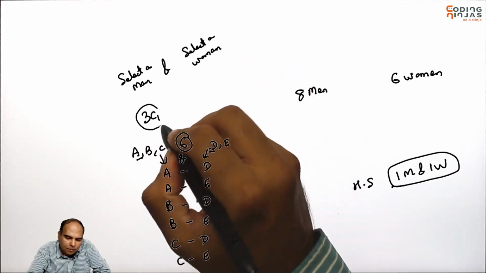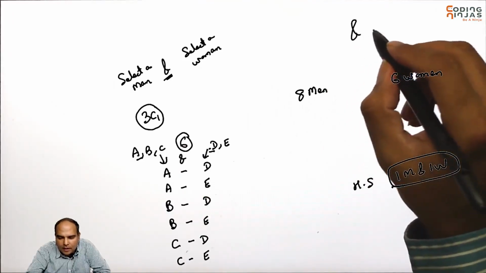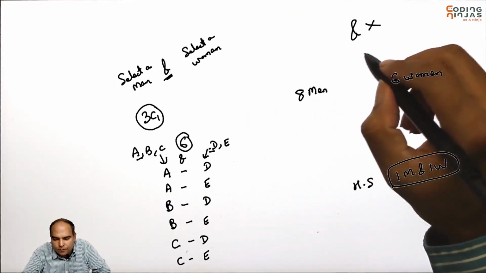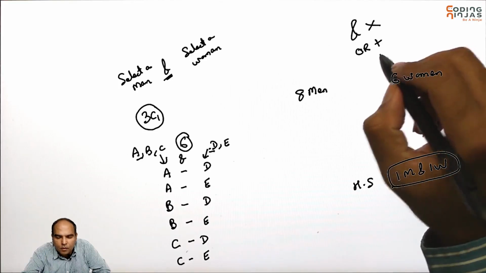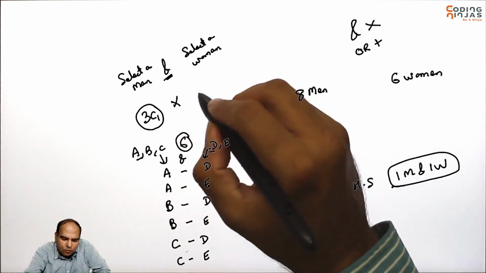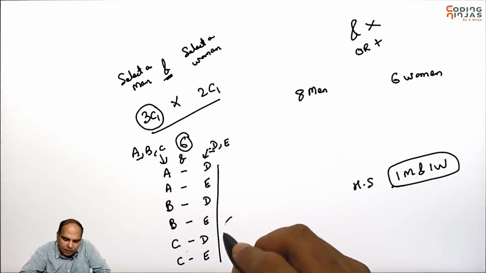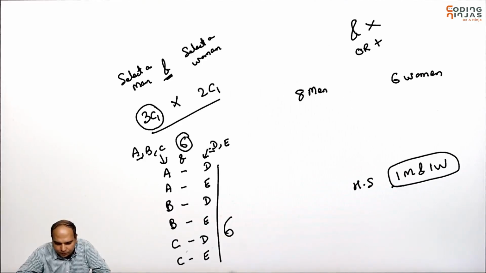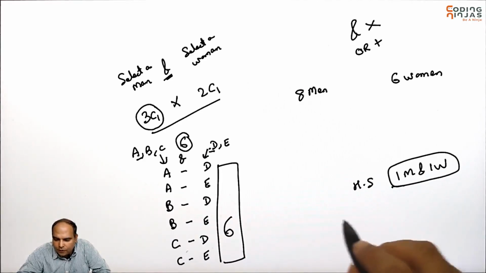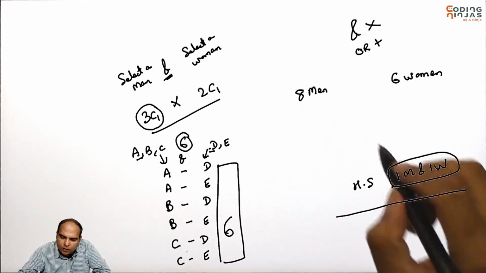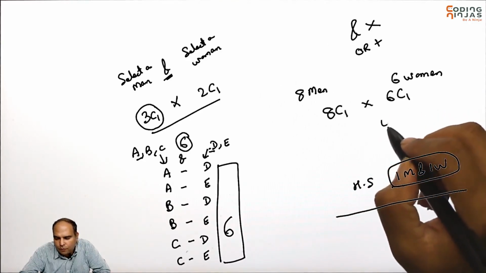So 3C1 is the number of ways in which you can select the men, and in PNC and probability, the AND conjunction is always replaced by into, and the OR conjunction is always replaced with plus. So in this case, 3C1 into 2C1 will become the number of handshakes, and you can confirm that there are actually 6 handshakes happening here, because we have pretty much made the comprehensive list. So if you are trying to solve the same thing for this situation, the number of handshakes would be 8C1 into 6C1, which would be 48.